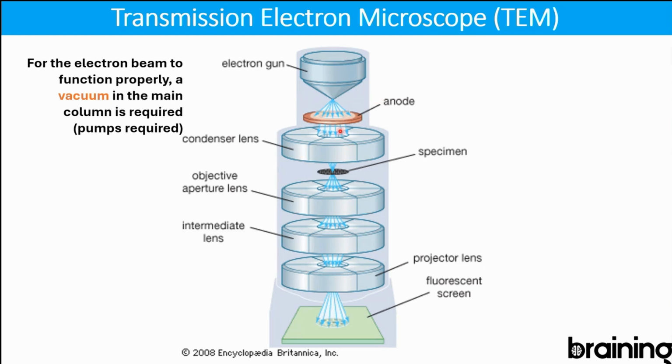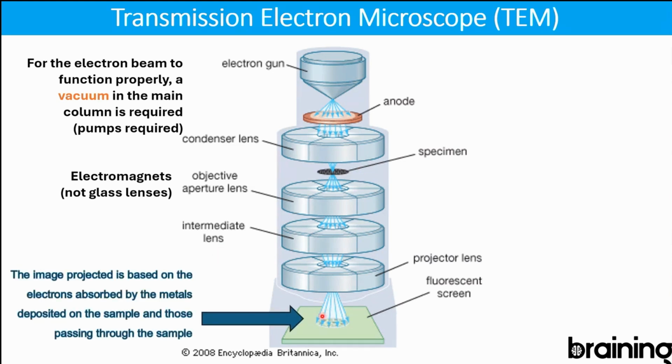Then we have a condenser lens, an objective, an intermediate lens. You see, we have many different lenses, but the difference is that they are electromagnets. They are not glass lenses at all. We have the specimen right here in the middle, as you can see. And then the image is projected based on the electrons that are absorbed by the metals.